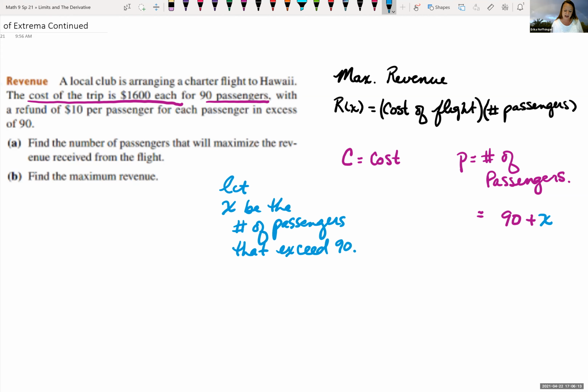Anyway, so we have X equals the number of passengers that exceed 90. The cost of the trip is $1,600, and we're going to give a refund.